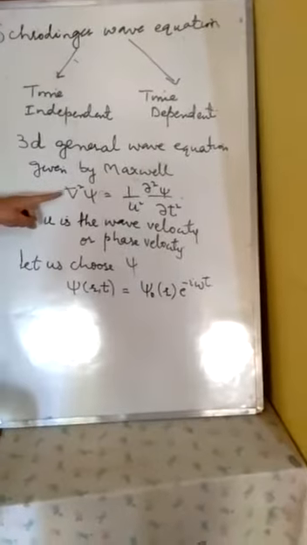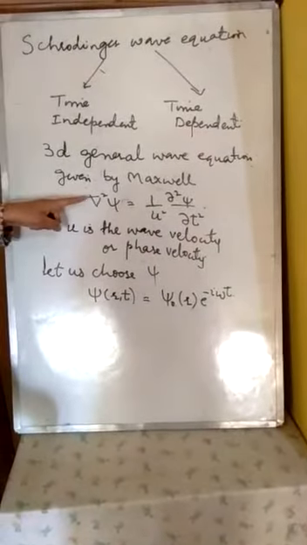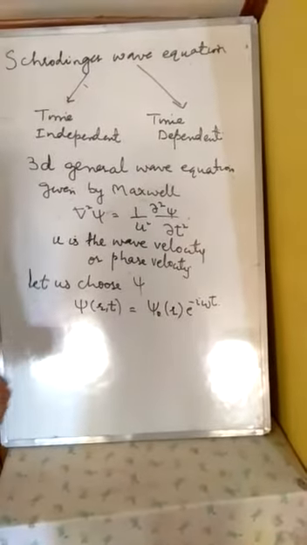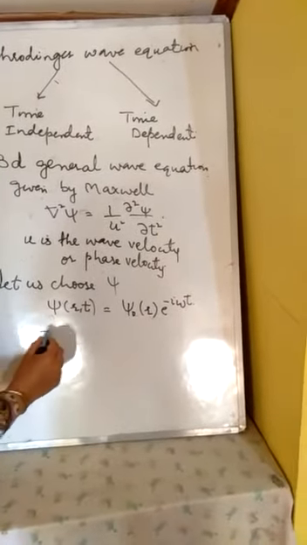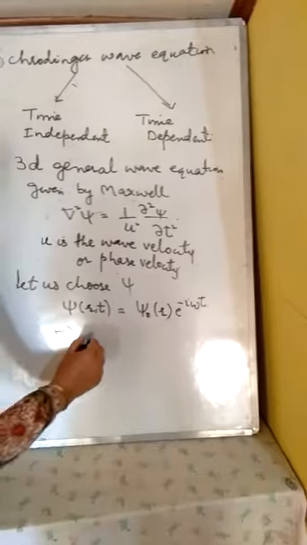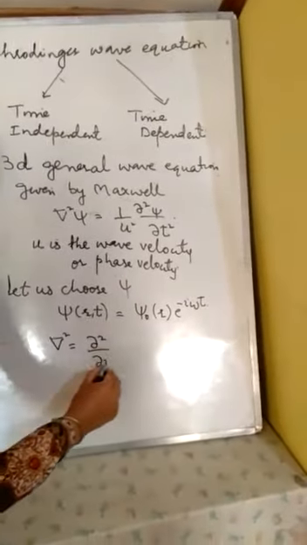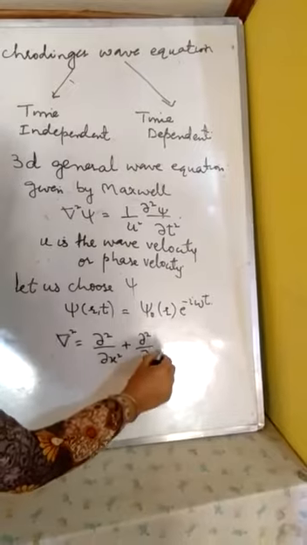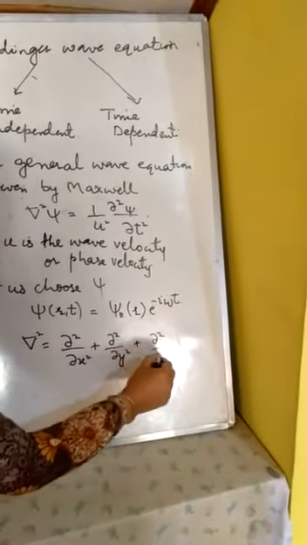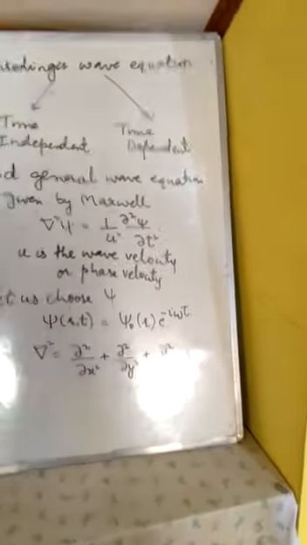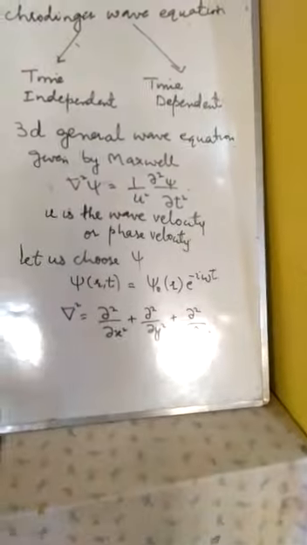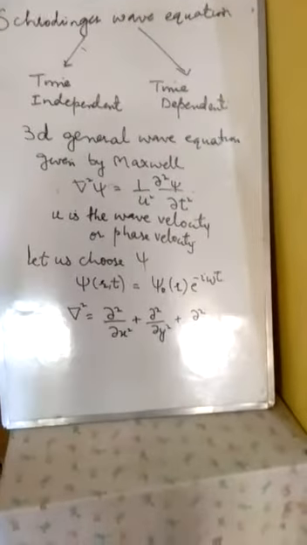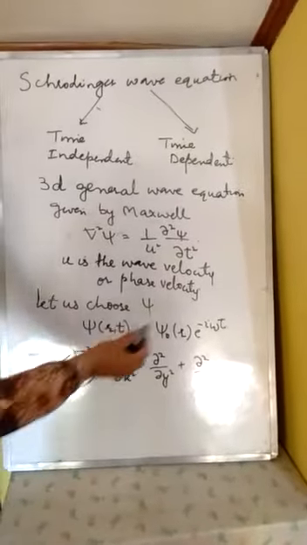Here we know that del square is the Laplacian operator, and we can choose to write it as del square is equal to dou square by dou x square plus dou square by dou y square plus dou square by dou z square. If you are okay with that, then we proceed ahead.